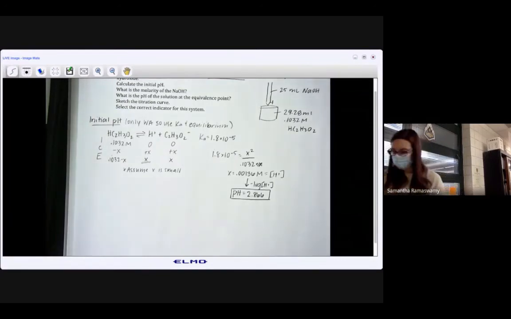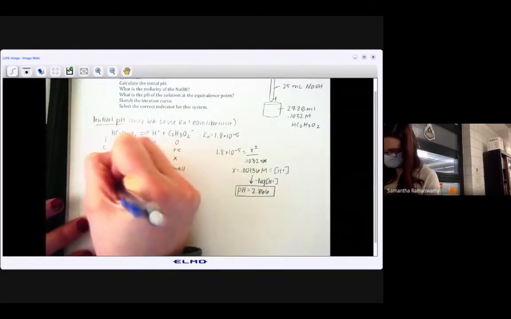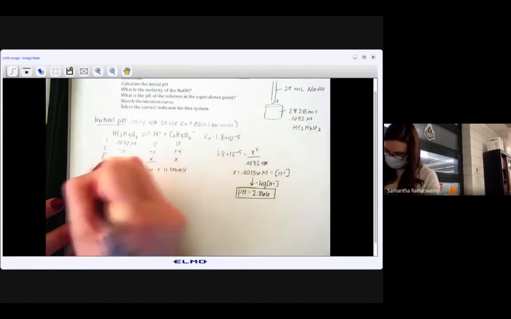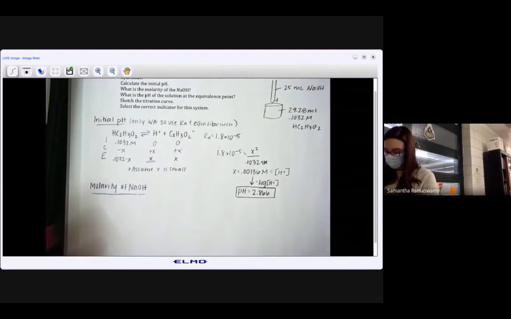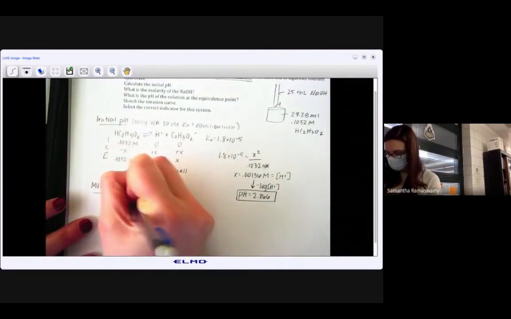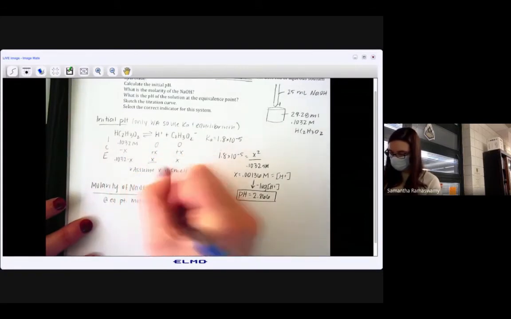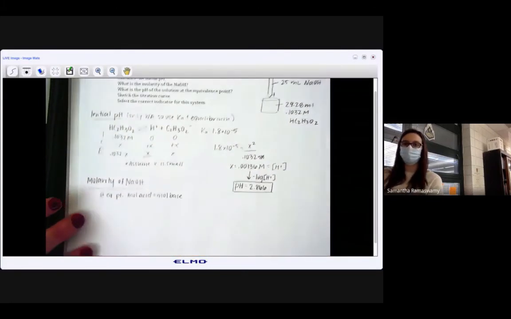What is the molarity of the NaOH? There are two ways that you can solve this. Either way works. Remember that at the equivalence point, moles of the acid, so moles of acetic acid equals moles of the base, so equals moles of hydroxide.